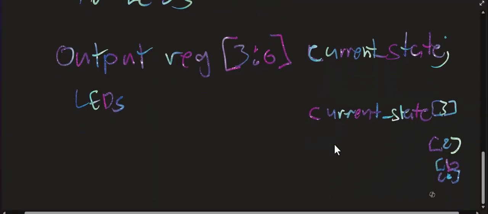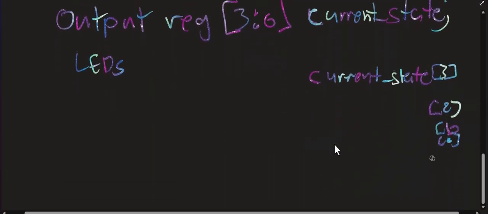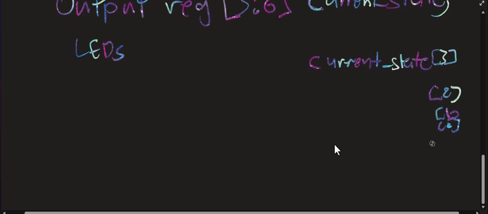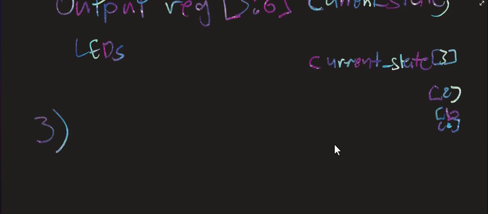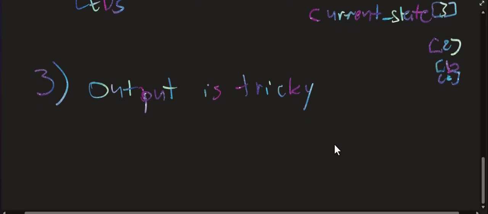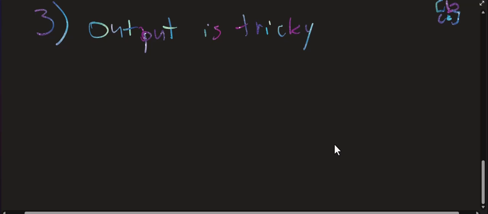Okay, so tip number 3. Output is tricky. So you're supposed to have a Mealy machine. There's a couple ways that I would think about doing it.